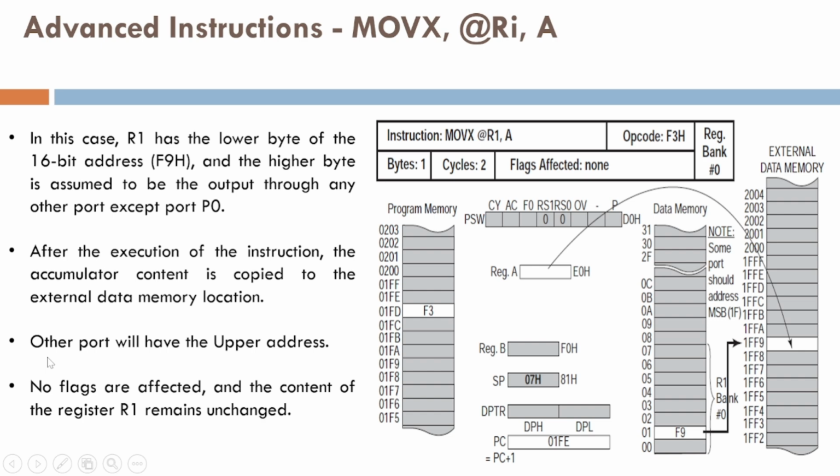Remember, no flags are affected, and the content of register R1 remains unchanged even after the instruction is executed. But we can change this as per our wish and as per the requirement of the program that we are using.